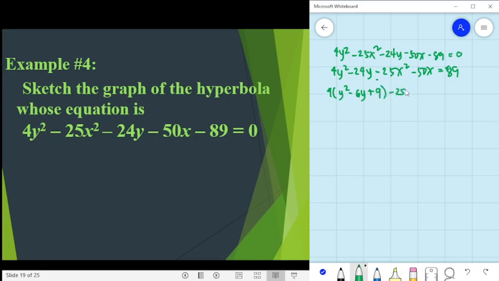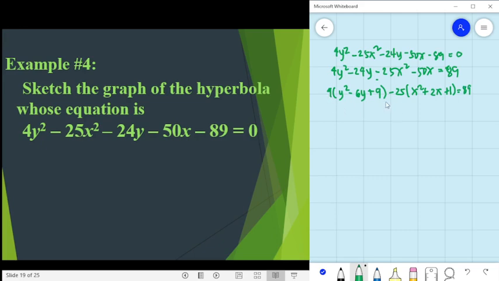Minus 25 quantity, negative 25 x squared divided by negative 25 is x squared. Negative 50 divided by negative 25 is positive 2x. Okay, then positive 2 will be divided by 2. We have 1 and 1 squared is positive 1, equal to 89.